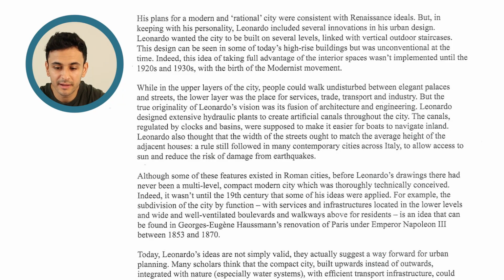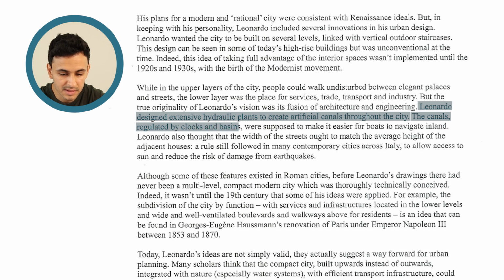Now I can also locate different sentences that relate to that question. Leonardo designed extensive hydraulic plants to create artificial canals throughout the city. The canals, regulated by clocks and basins, were supposed to make it easier for boats to navigate inland. Making it easier for a boat to navigate inland was obviously a challenge at the time, and I think it is still a challenge today.